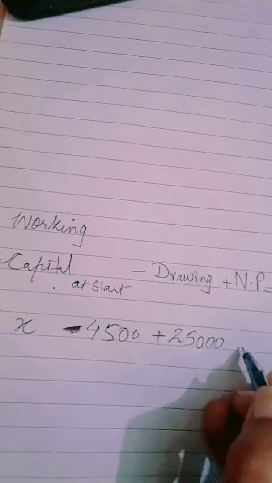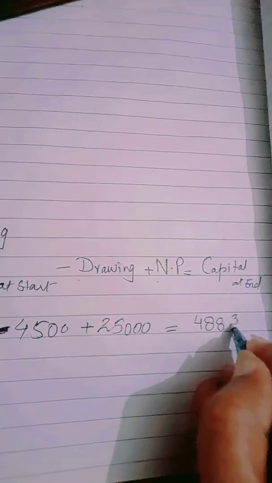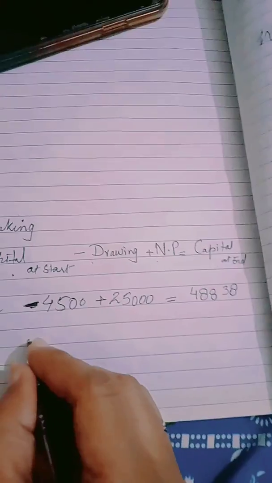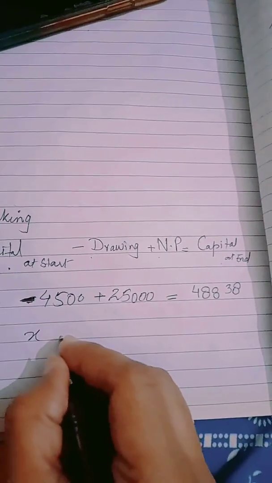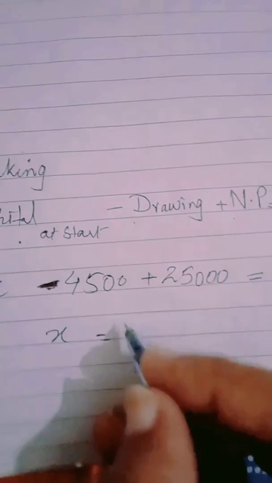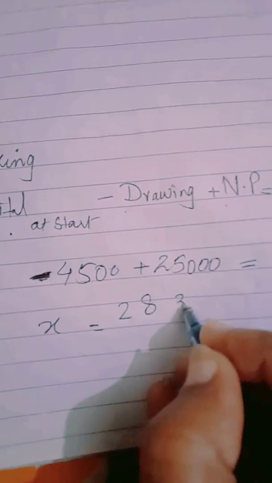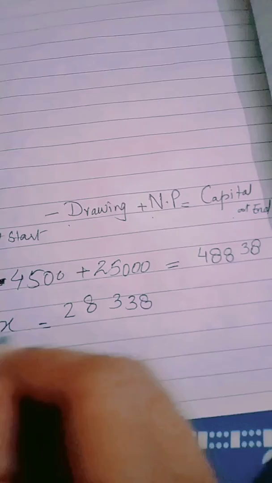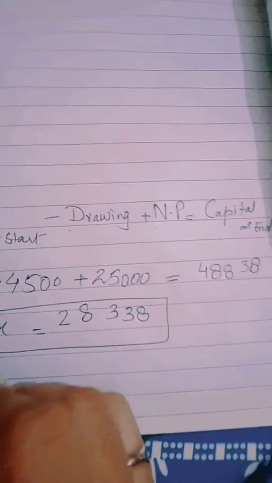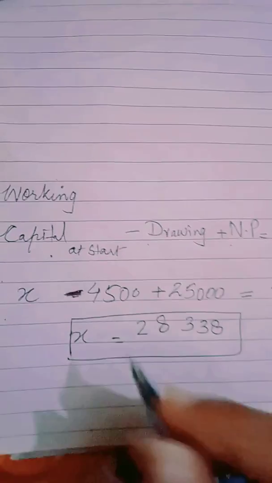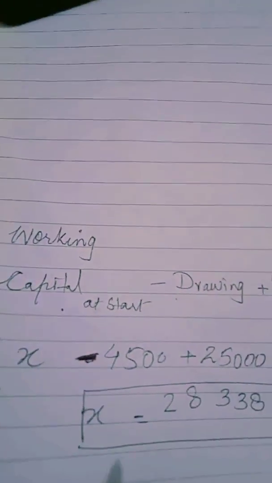Then plus 25,000 is your net profit, and your capital at end is 48,838. Now the value of x is equal to 28,338. This is your capital at start. We can check by putting the values also.